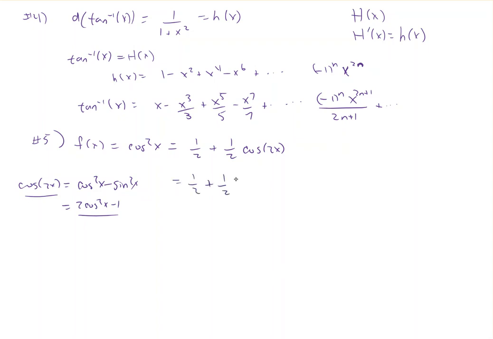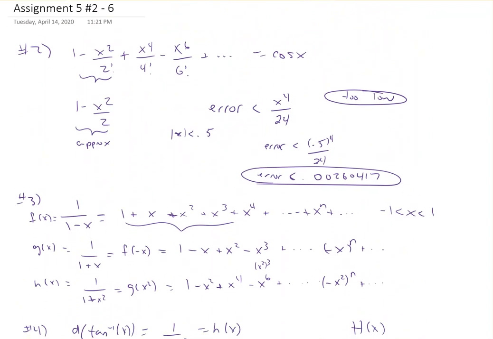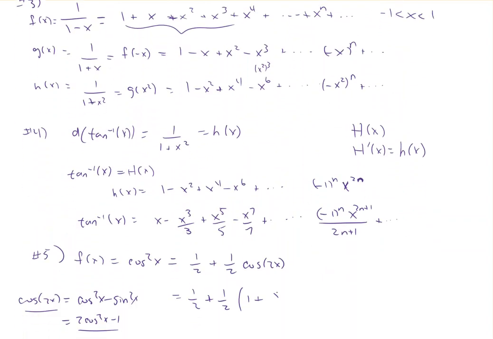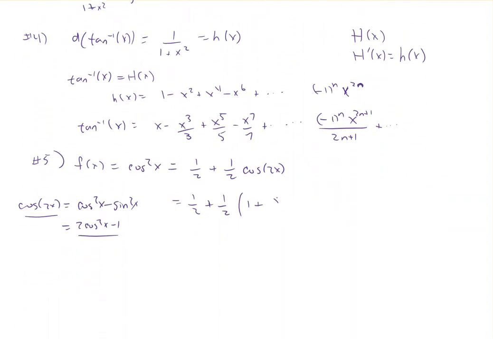We've done the cosine, so we know the cosine of 2x is 1 plus, let's look up real quick. Cos of 2x, right, is this, way up here at the top. That's the cos of 2x. So now we're just going to replace all these x's with 2x's. That's all we're doing. We're replacing these x's with 2x's. So I'm putting that squared over 2 factorial.